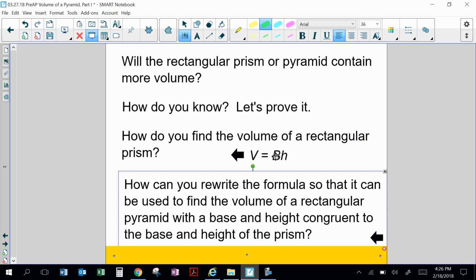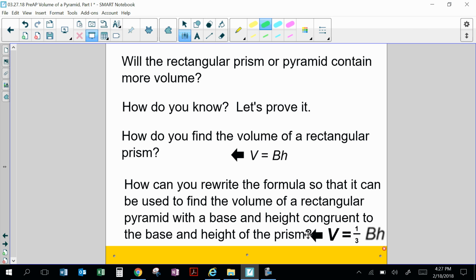No. You saw that one pyramid filled up only a third of a prism. So the formula is volume equals a third of a rectangular prism. And that is the formula. So instead of just showing you this formula, we've proved it and shown you why it is so.